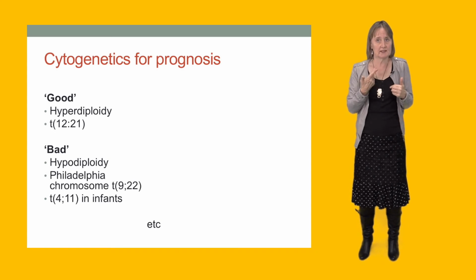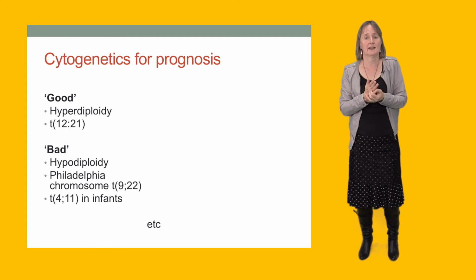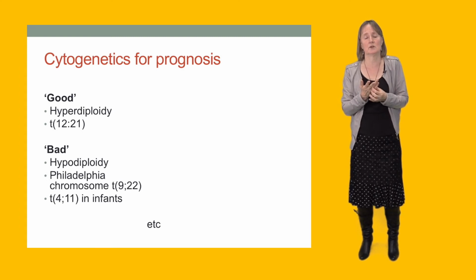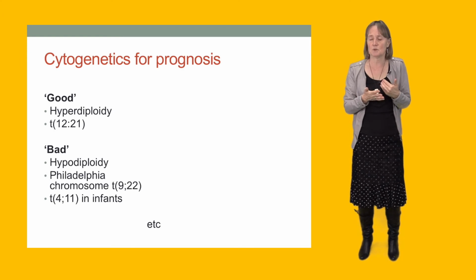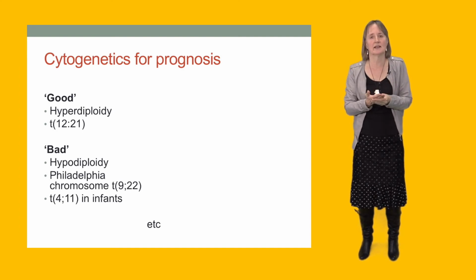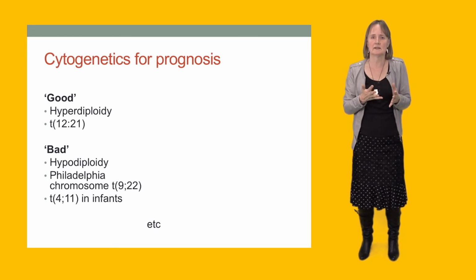But when we see it in ALL, it's a bad prognostic feature. And in infants with acute lymphoblastic leukemia, there's a translocation between chromosome 4 and chromosome 11 that tells us that this is a poor prognostic ALL. There are others, but I think these are the most important ones for you to remember.